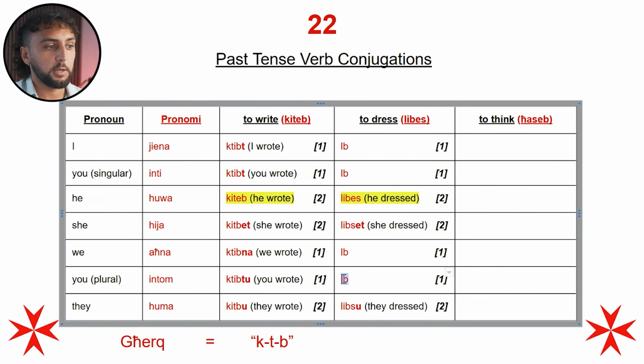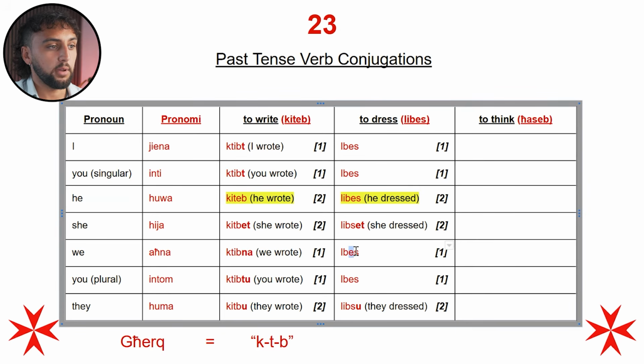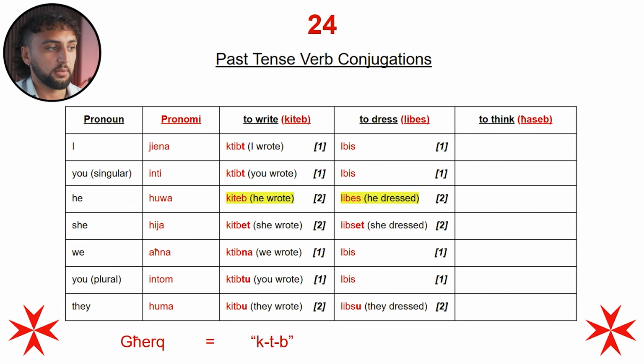Now we need to add the mid part, which as you can see from the mumma is e and b, just like that. And for this specific verb, we need to replace the e with an i, just like we did for I wrote and you wrote and we wrote and you wrote plural. Okay, and there we go again.